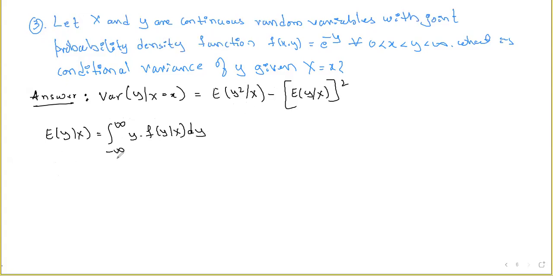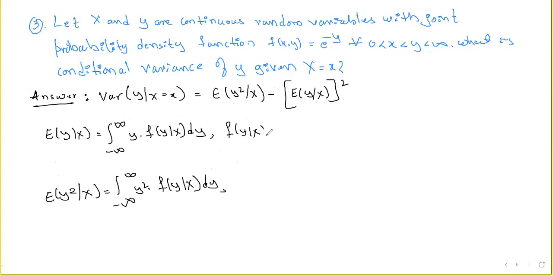Next we require that value for y square: integration minus infinity to infinity y square f of y given x dy, right? Okay, now to find this, what do we require? F of y given x equal to f of x comma y divided by f of x, right?